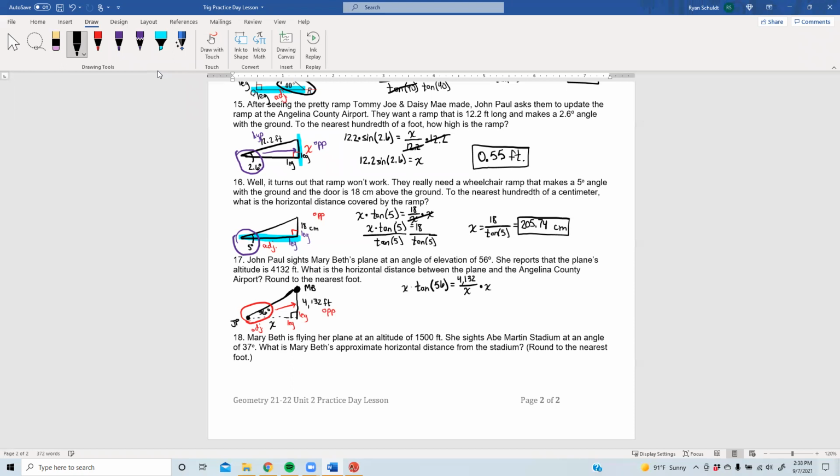We have to multiply by x on both sides. It's going to be x times the tangent of 56 equals 4,132. Divide on both sides by the tangent of 56.